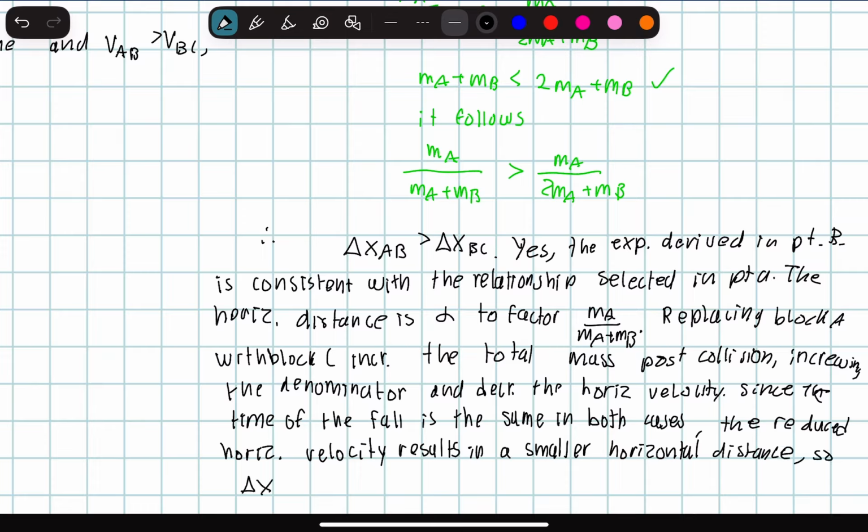So delta x AB is greater than delta x BC.